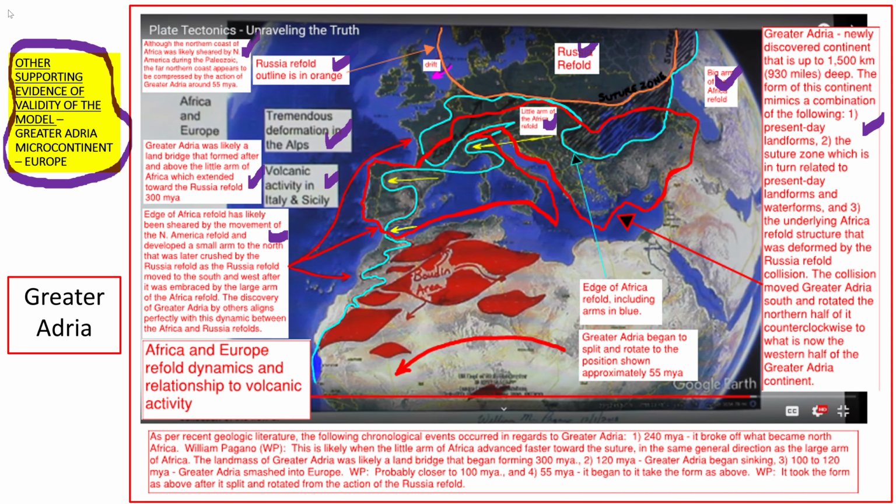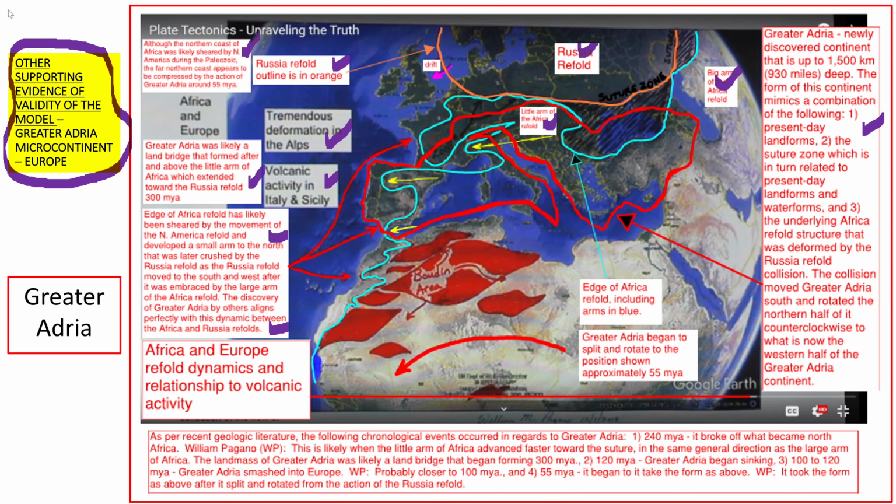Okay, next thing here. Edge of Africa refold has likely been sheared by the movement of North America refold and developed a small arm to the north that was later crushed by the Russia refold as the Russia refold moved to the south and west after it was embraced by the large arm of the Africa refold. The discovery of Greater Adria by others aligns perfectly with this dynamic between the Africa and Russia refolds.